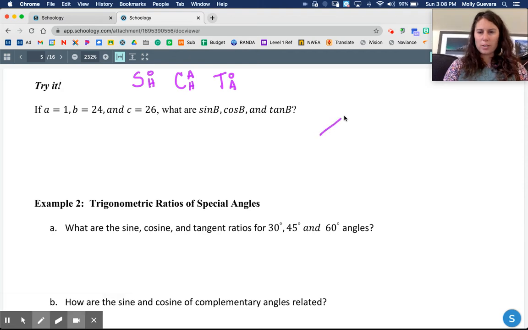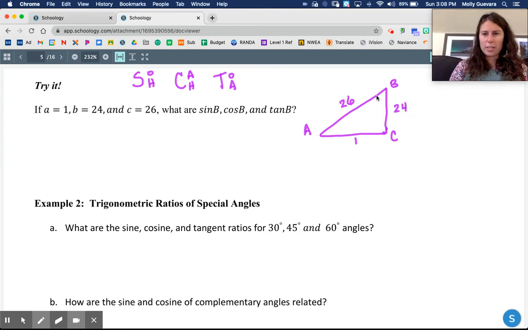Okay, so I'm going to start with drawing a diagram. Okay, and I'm just going to label it A, B, and remember C, or the hypotenuse, is always the longest side. So here, 26 is the longest side, so that has to be across from C. The other two don't really matter as much, so I'm going to call this one 1 and then call this one 24.